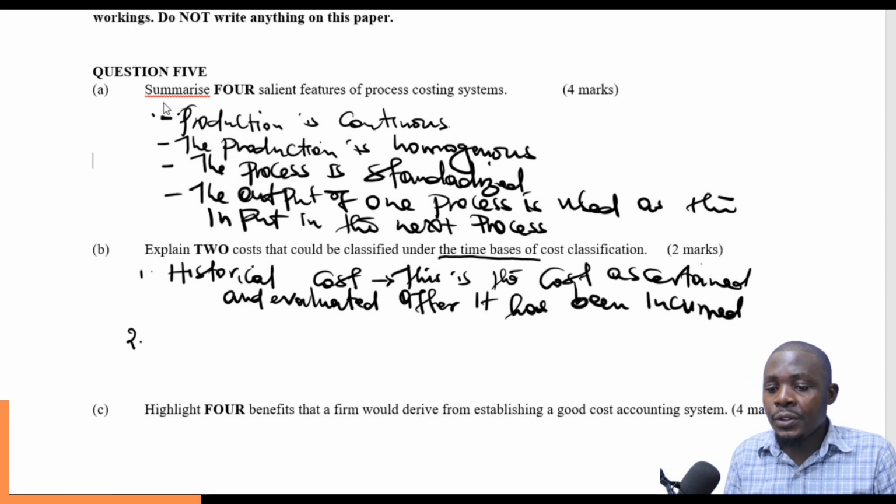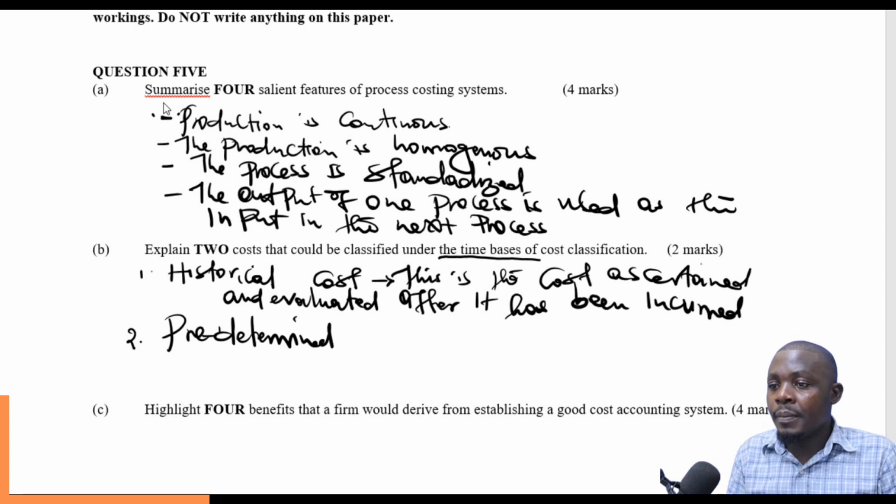Number 2, we can talk of a predetermined cost. What is this cost?